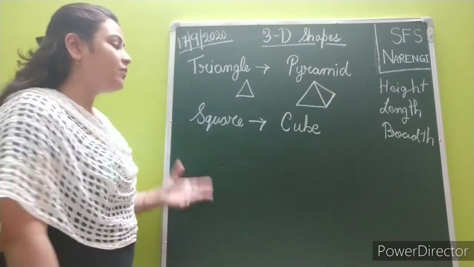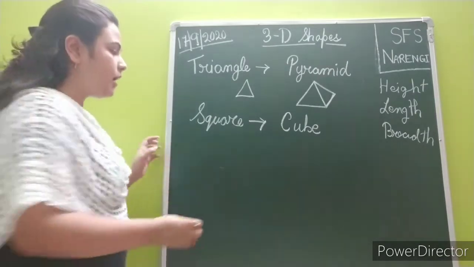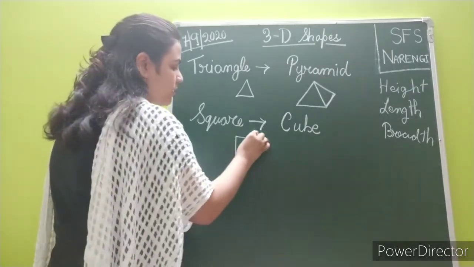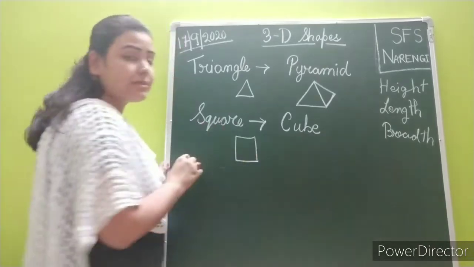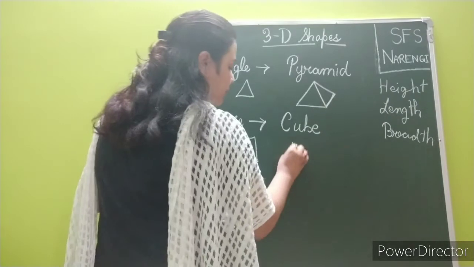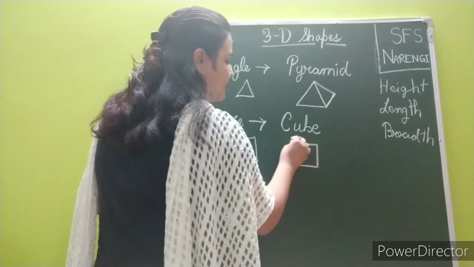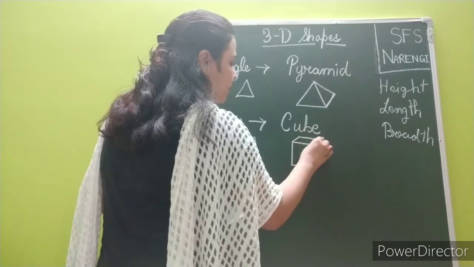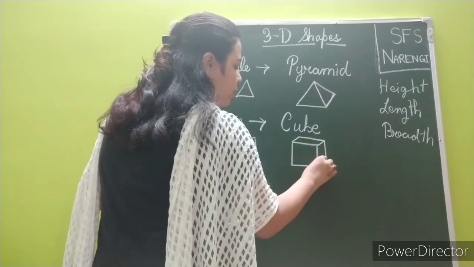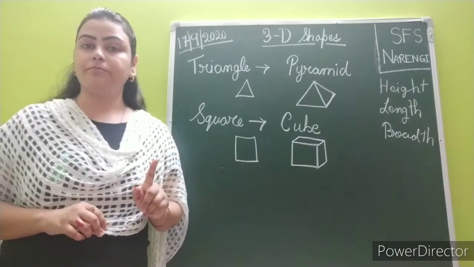The reason is that a square has all the sides equal. How does a square look? The square looks like this. And the cube also has all its sides equal.